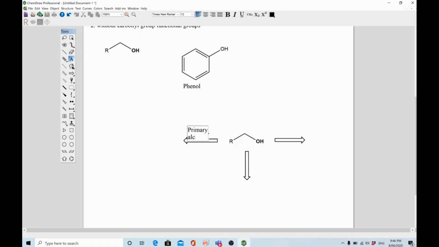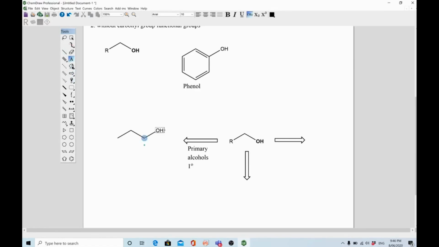Primary alcohols, and by the way, primary alcohols are indicated by 1 degree, same as primary amines. So if I write 1 degree like this, you should be able to understand that this is primary alcohol, right? So primary alcohols are those functional groups which contain carbon which is further attached to only one substituent or contains two hydrogens.